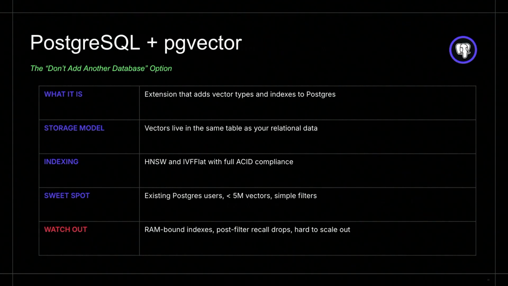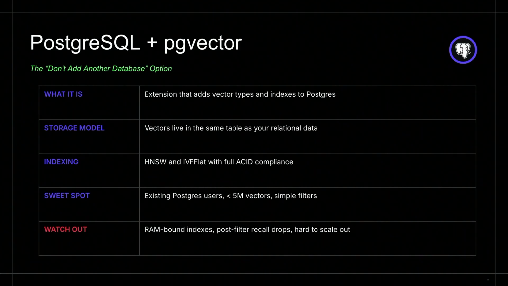To dive deeper, let's start with PostgreSQL plus pgvector. It's basically the "don't add another database" option. pgvector is an open source extension, so you install it like any Postgres extension.